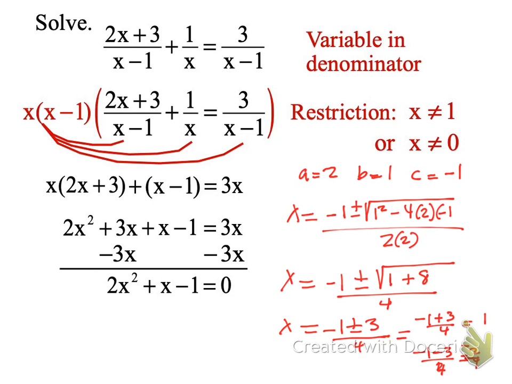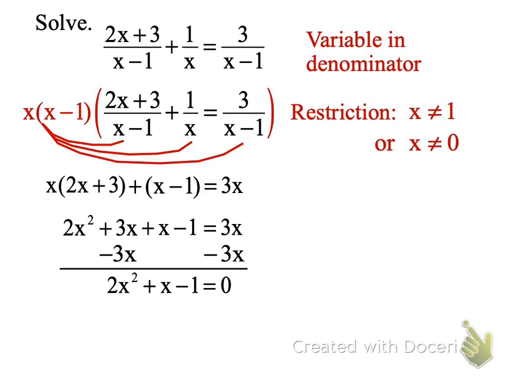So it's opposite. It's 2 over 4, which is 1 over 2, and this is negative 4 over 4, so it's negative 1. Okay, so the only answer is 1/2.